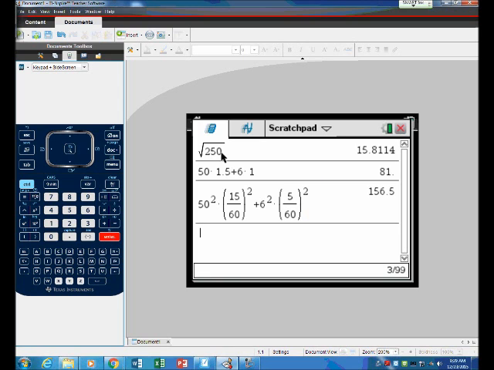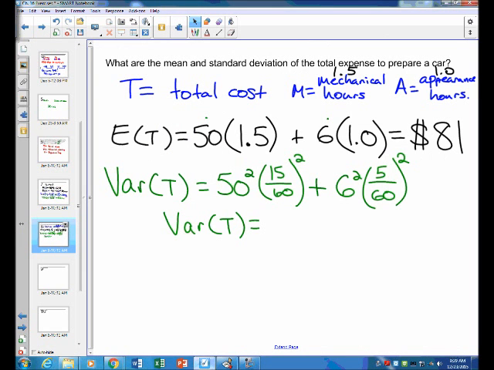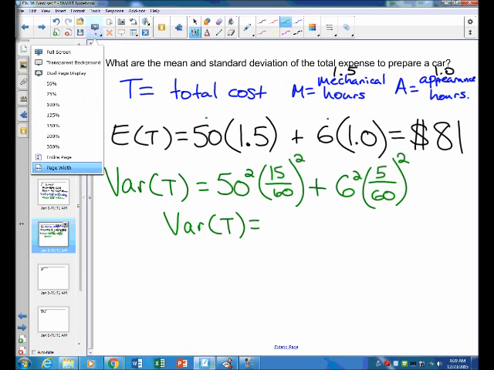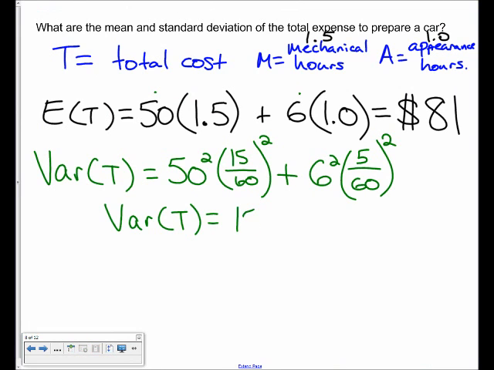The variance is $156.50. But remember, that's not in dollars. It's squared dollars. So 156.5 is in squared dollars. All right, we don't want squared dollars. We want just dollars. So we'll take the square root of that for the total time.